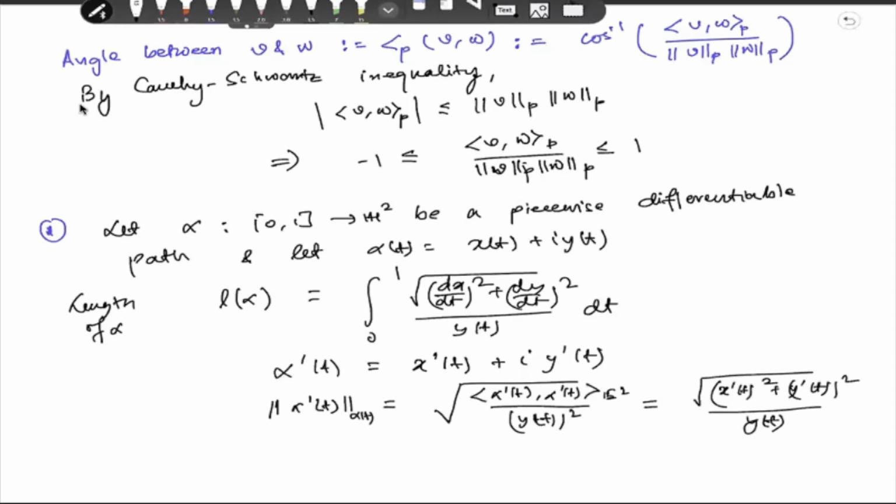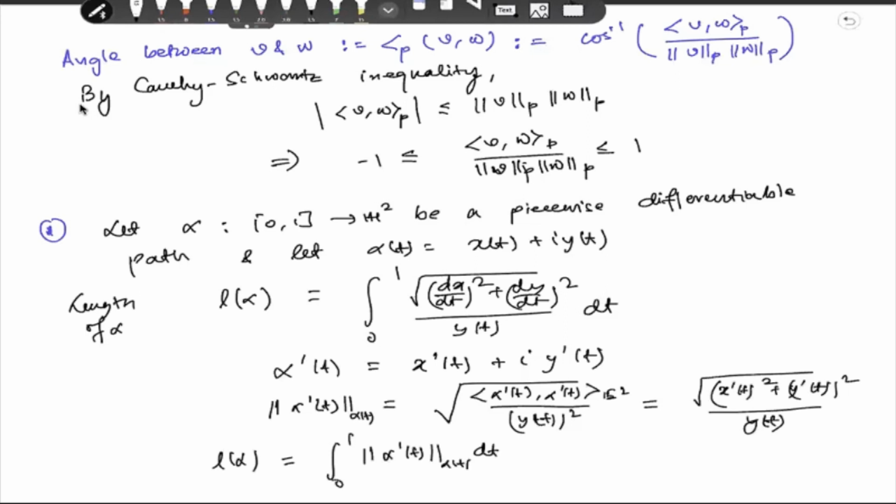Okay, so the length of alpha is equal to the integral from zero to one of the norm of alpha prime t dt.